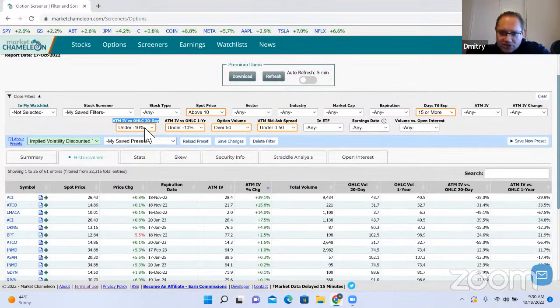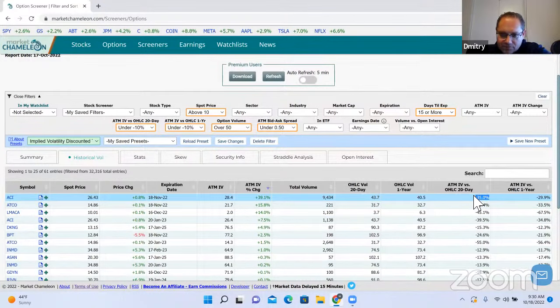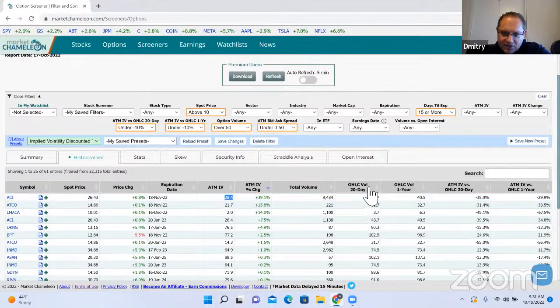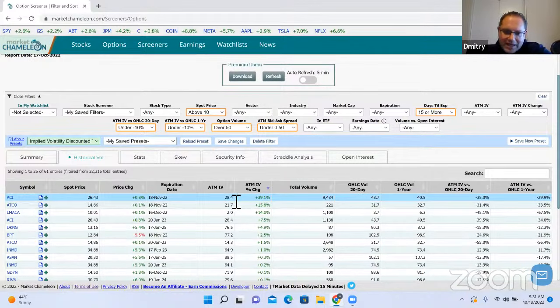So the prediction of future volatility is at least 10% below where the realized volatility was in the stock. And that's what we have here. That's comparing the at the money IV to the 20-day volatility. So ACI so far: at the money IV 28.4, but the stock has been moving at 43.7.